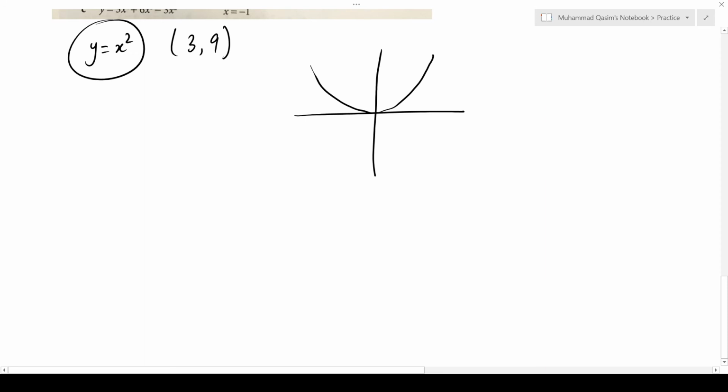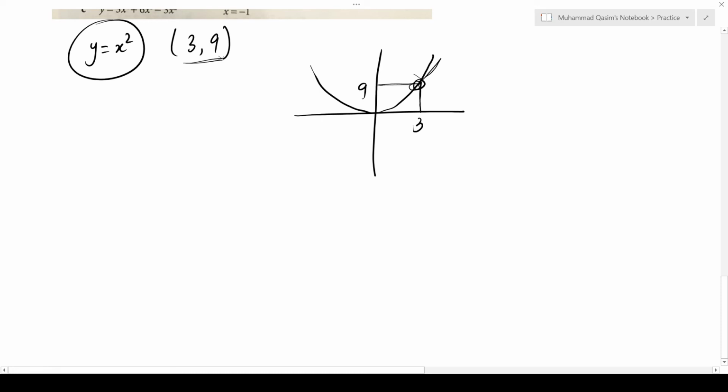Now let's assume this point 3, 9 is here. x is 3 and y is 9. The examiner is basically asking you that on this curve, at this point, find the gradient of the curve.